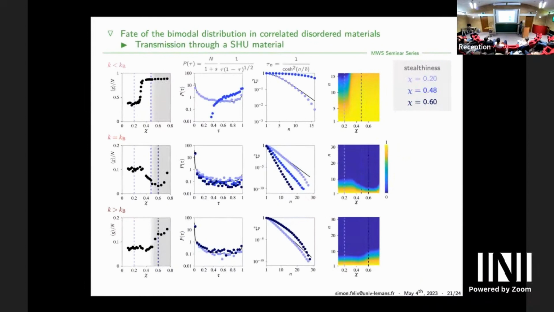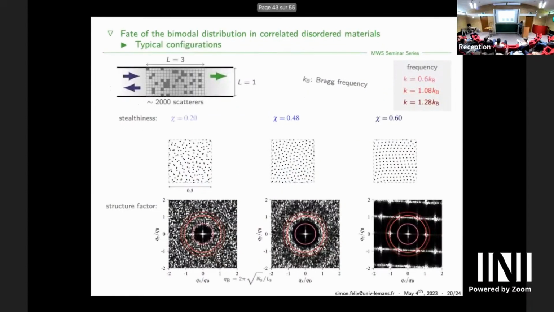And this is what we see here. We have, for low values of the stealthiness, a low value of the average conductance, and we can check that it corresponds to the expected diffusive value of the conductance. For larger values of the stealthiness, we have a larger value, but it's not exactly 1.